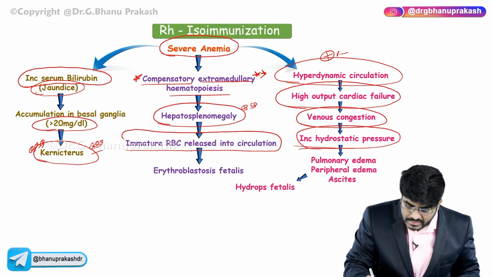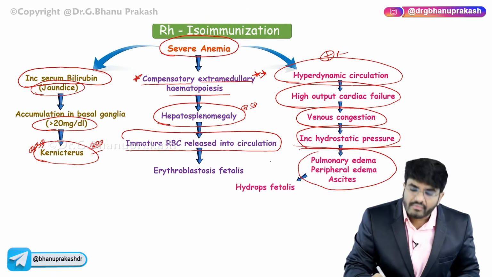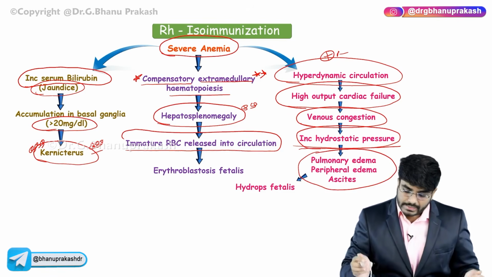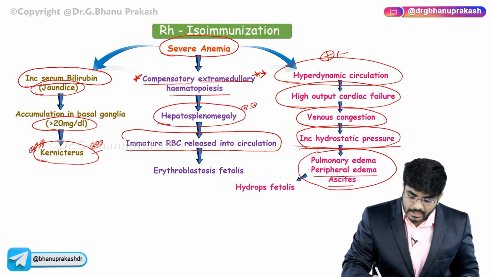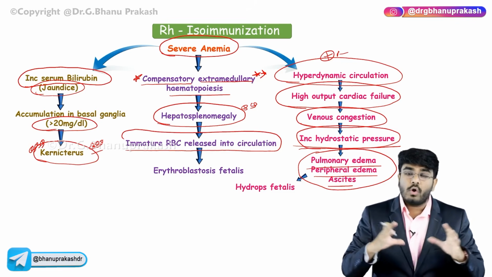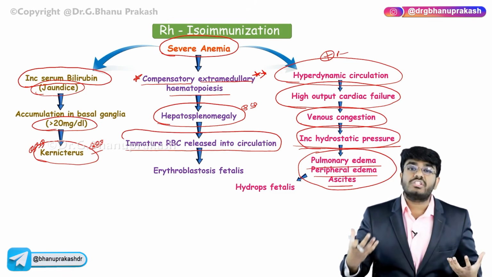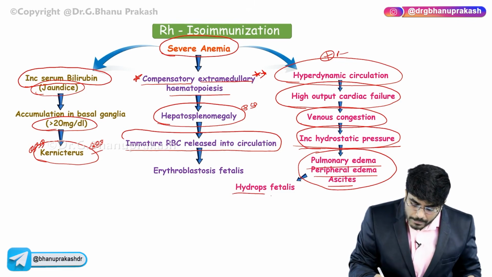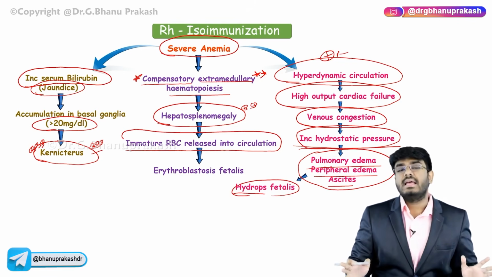Yes, because of the increased hydrostatic pressure, there is development of pulmonary edema, or there can be ascites, peripheral edema, generalized edema, that is anasarca. So the baby is getting swollen because of the fluid accumulation in the third space. That's known as hydrops fetalis, the serious complication.